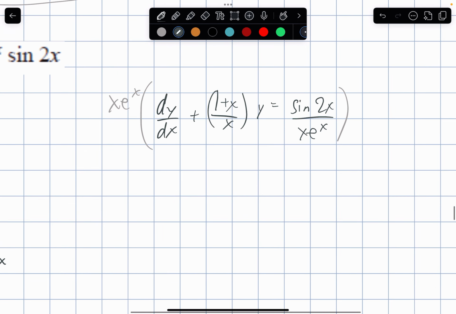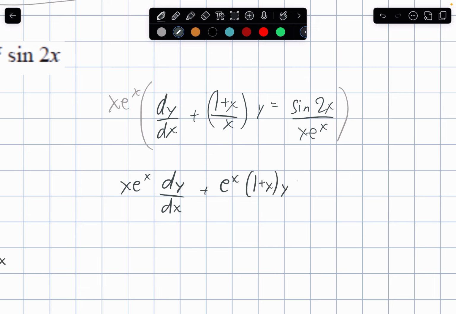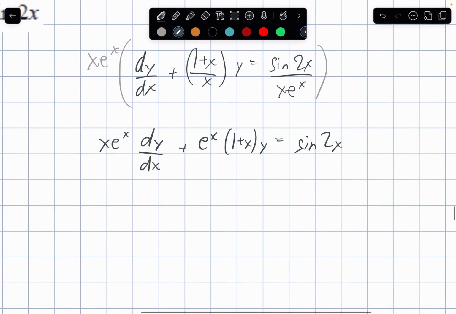Okay, let's now focus here. x e raised to x dy over dx plus, cancel. Perfect. Okay.